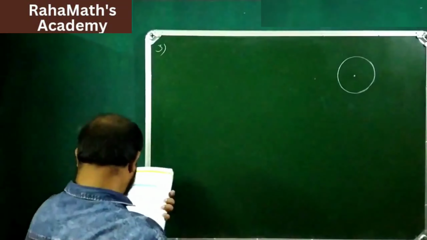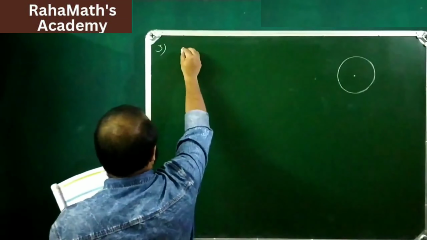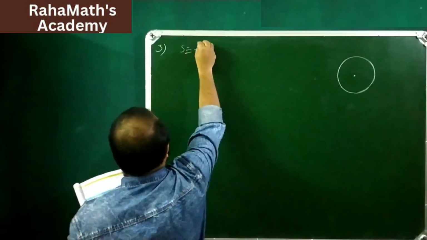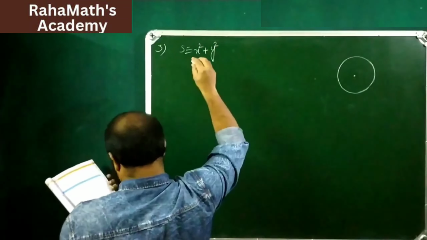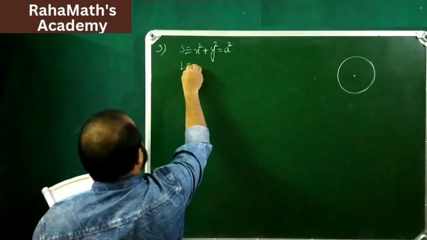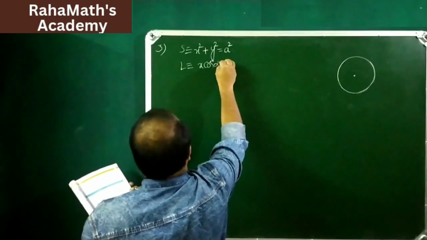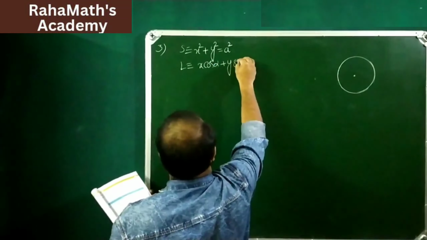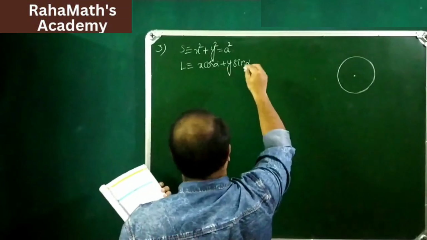Third question. Find the length of the chord formed by the circle given x square plus y square is equals to a square and the line x cos alpha plus y sin alpha is equals to p.